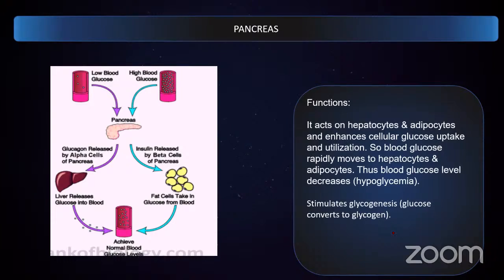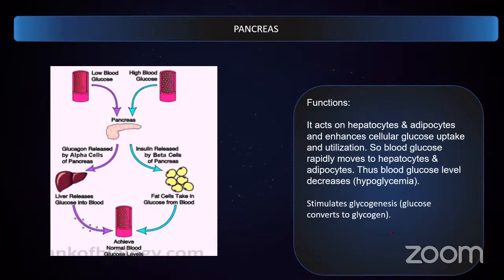Whereas whenever insulin acts on hepatocytes or adipocytes, their cellular glucose uptake will be very high. The increase in blood glucose level actually decreases with the influence of insulin. Insulin acts on hepatocytes and adipocytes and asks them to utilize more and more glucose from the outside.